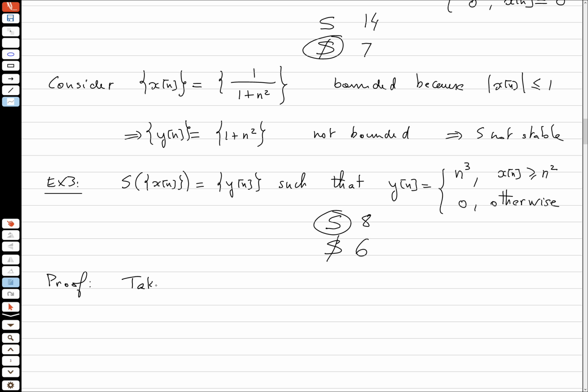Take x of n bounded. So there exists a non-negative a such that x of n is less than a in absolute value for all n.